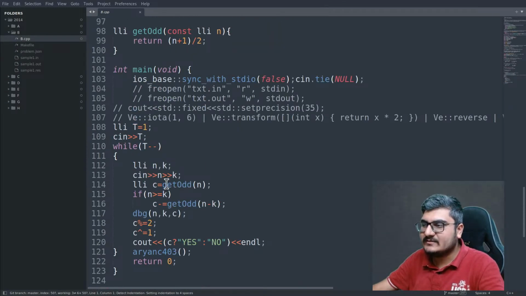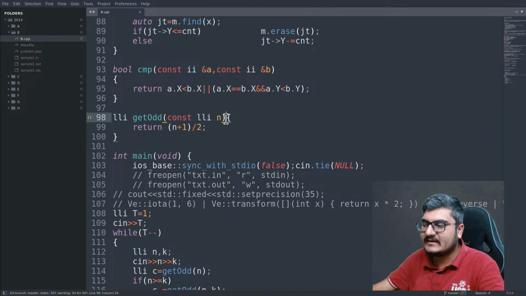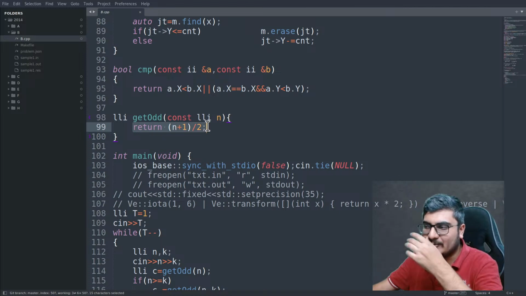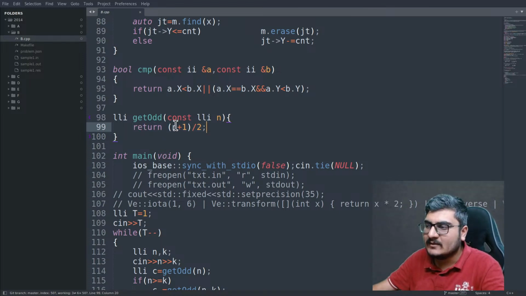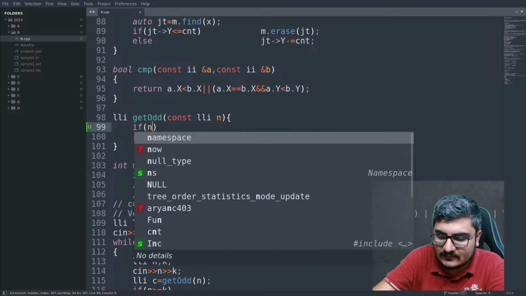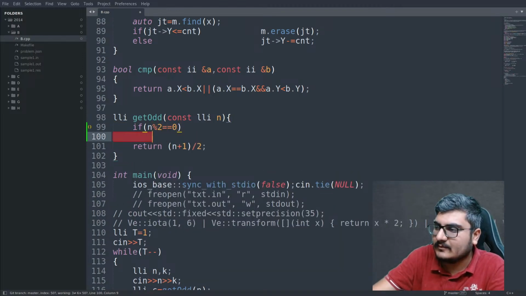So I have this function which takes a day and gives us how many days from day 1 up to day n would be an odd day, which is essentially the ceil function over here. You can probably write it using true/false if-else as well.